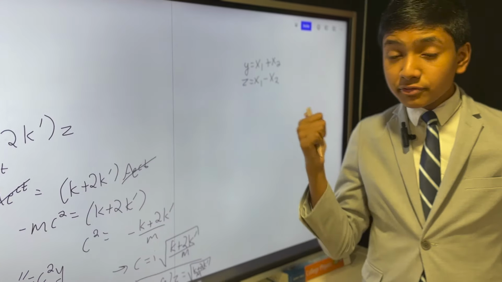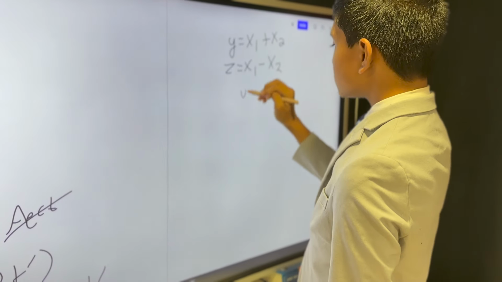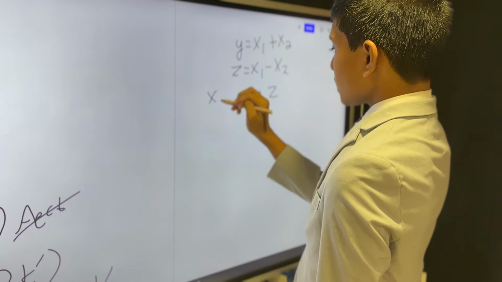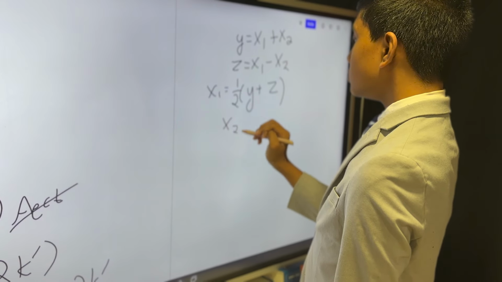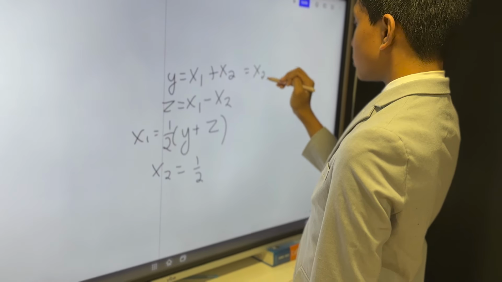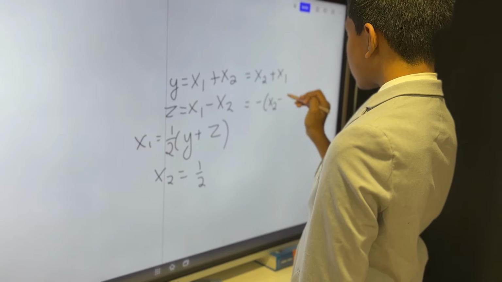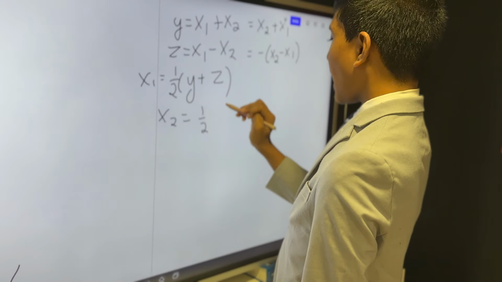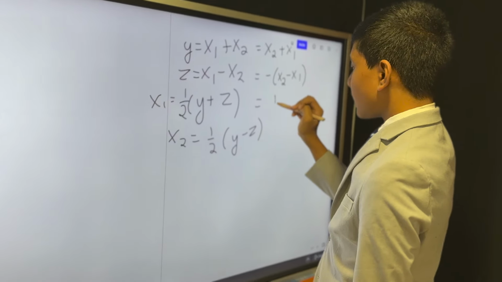But wait, that means we can obtain individual solutions for x1 and x2. Since x1 is just half of y plus z, and x2 is just equal to half of, well, let's figure it out. This is x2 plus x1. This is minus x2 minus x1. So it's just half of y minus z. So what does that get us?